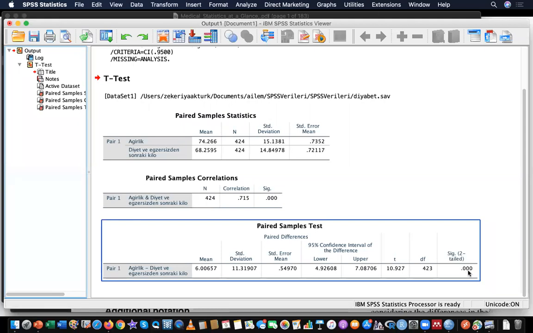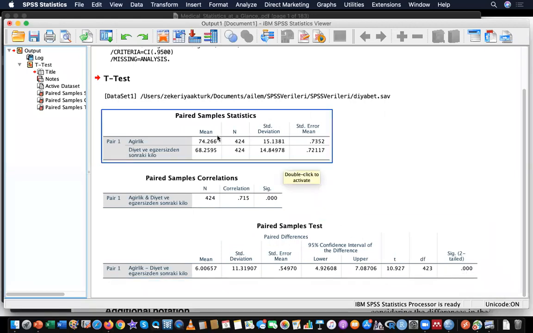It is close to 0. So what was the rule? If the p-value is less than 0.05, we decide that this difference is significant. So we reject the H0, and we accept that there is a significant difference between before and after.